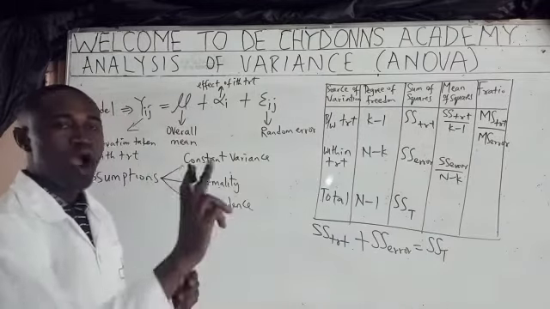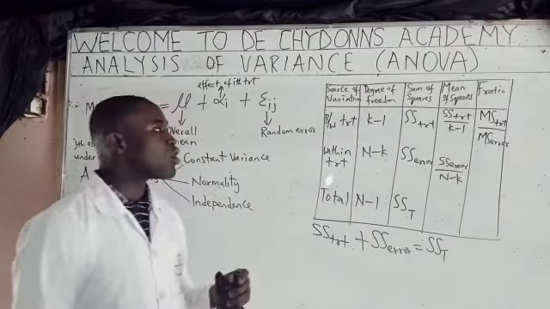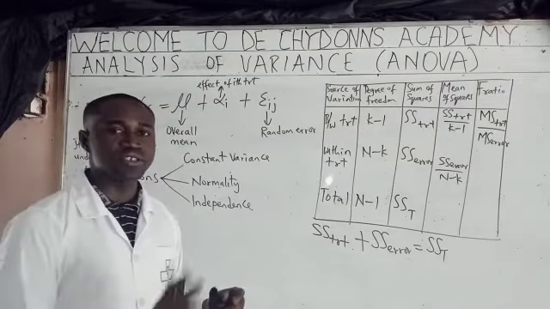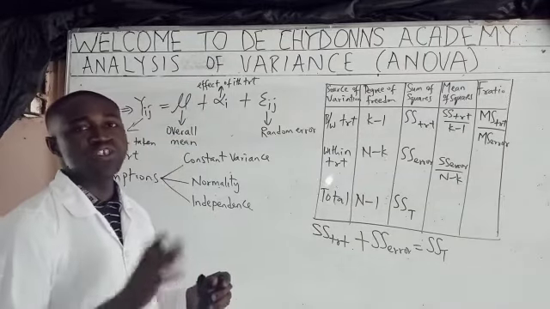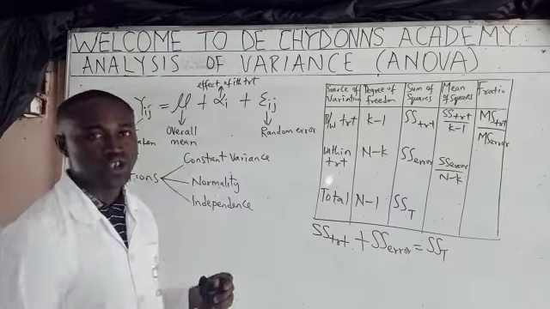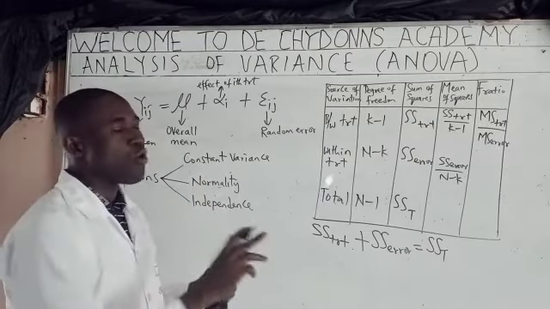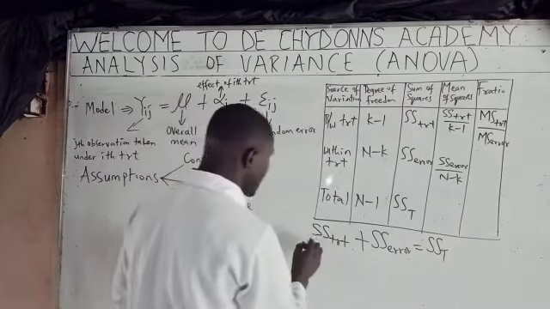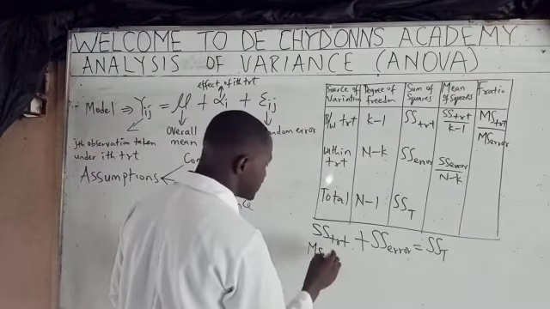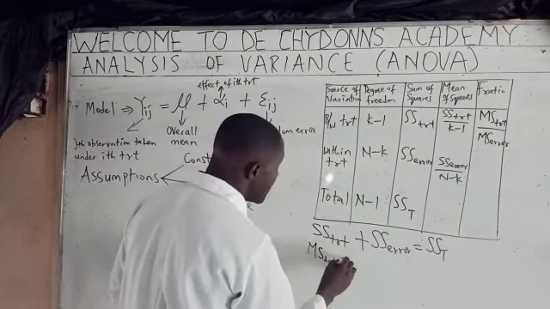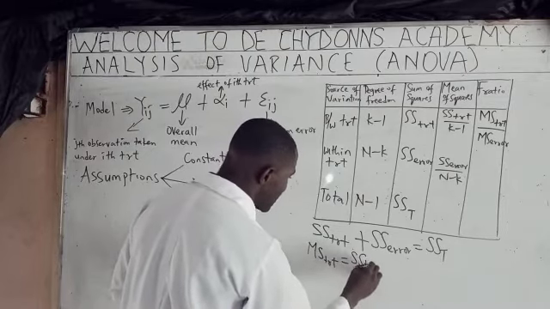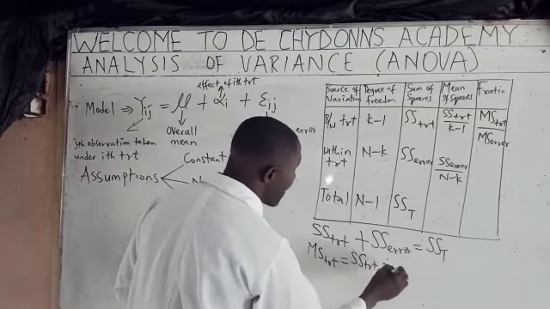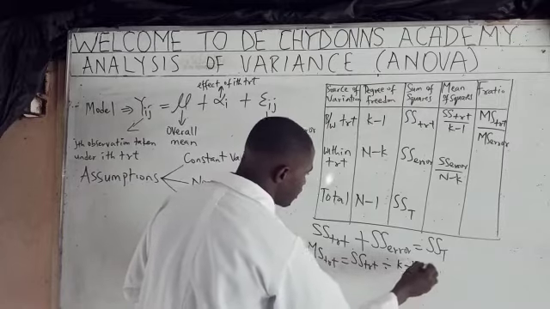So we will be having one conclusion. Only one conclusion is what we have because we are discussing one-way ANOVA. If it is two-way ANOVA, we have two conclusions. But because we are dealing with one-way ANOVA, we will be having one conclusion. Remember that MS treatment means SS treatment divided by k minus 1.